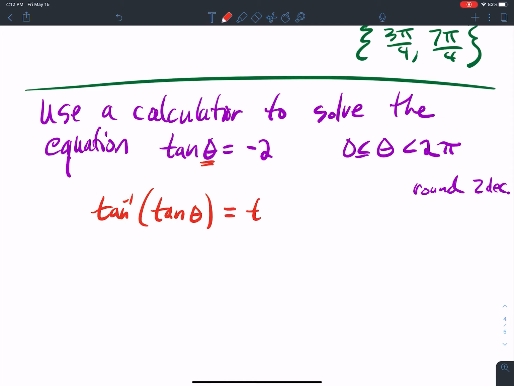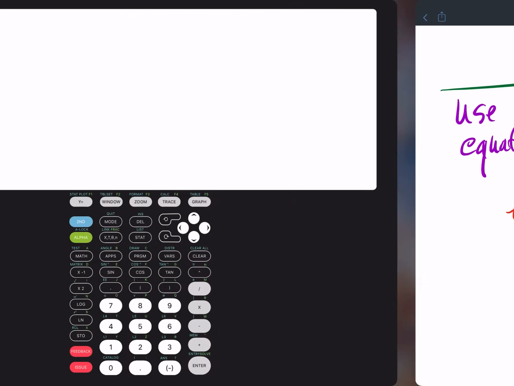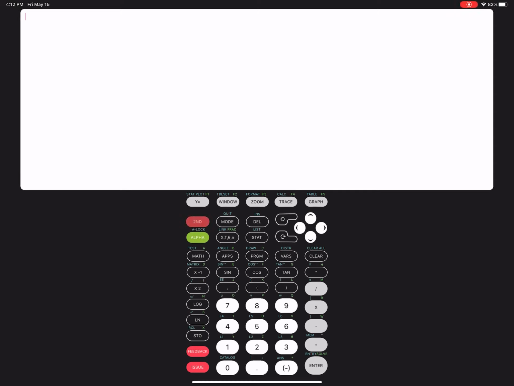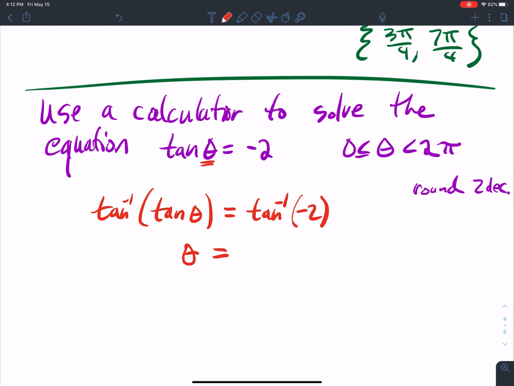All right, so when I arctangent both sides, I get theta is equal to the tan inverse of -2. So I'm going to do second tan inverse -2, close parentheses, and I get -1.11. So roughly -1.11 radians.